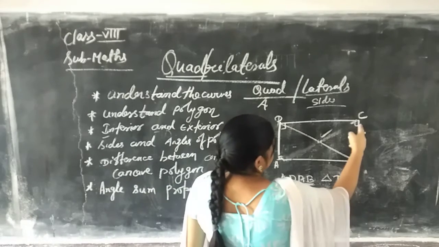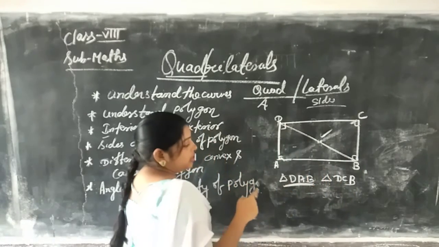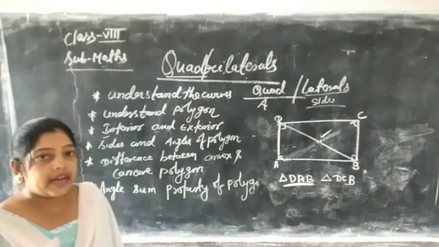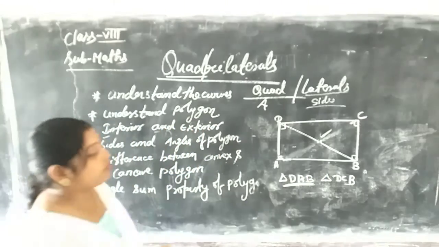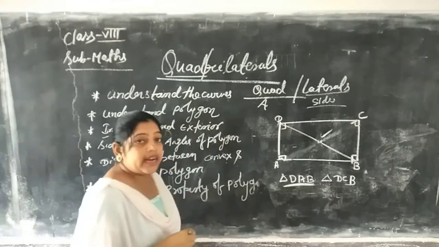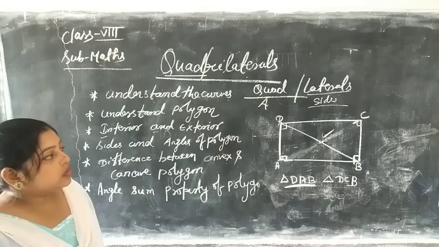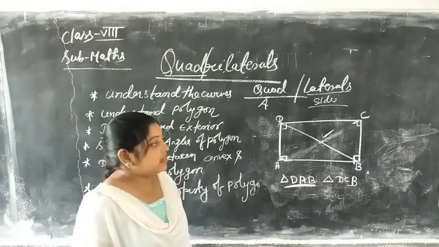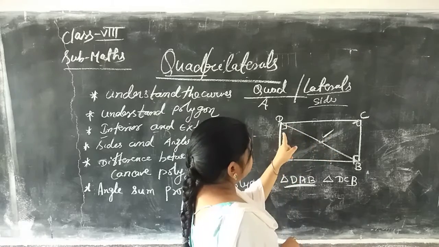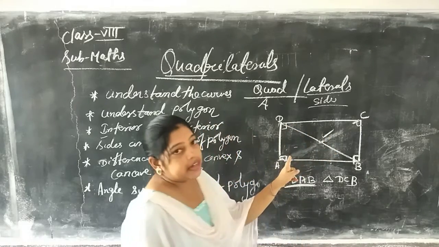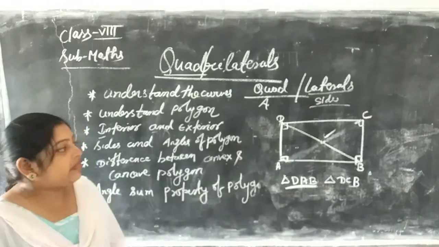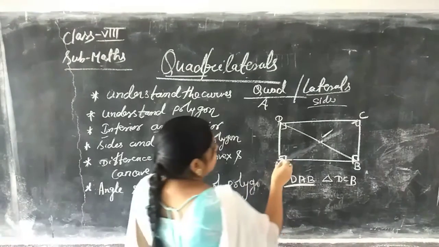Angle B plus angle C plus angle D in triangle DCB is also 180 degrees. Means in a quadrilateral, the sum of four angles is equal to 360 degrees. So a quadrilateral is made up of four angles, and the sum of the four angles in a quadrilateral is 360 degrees.